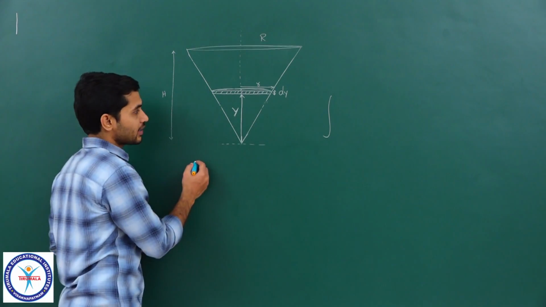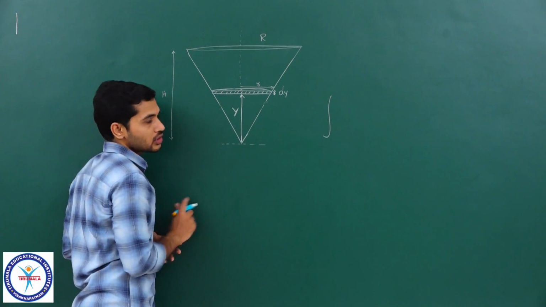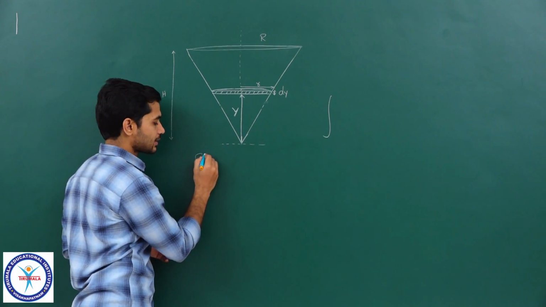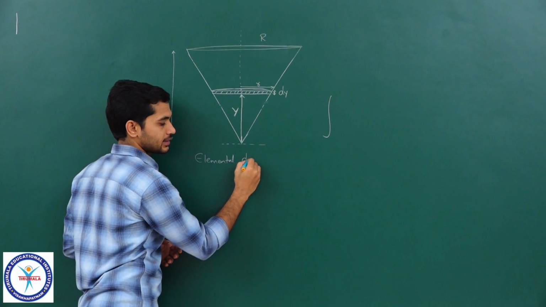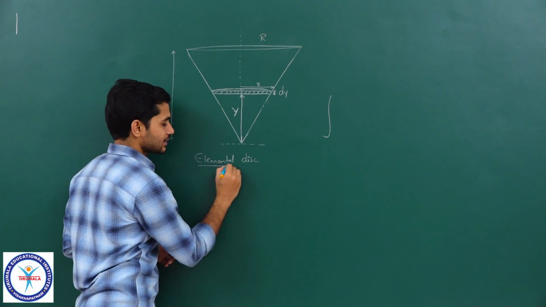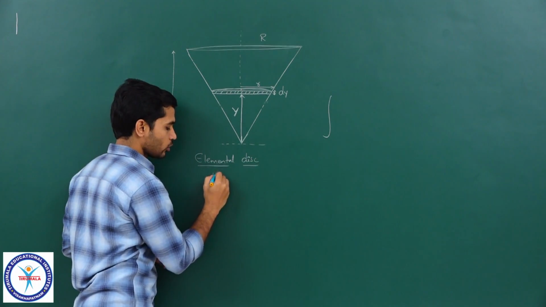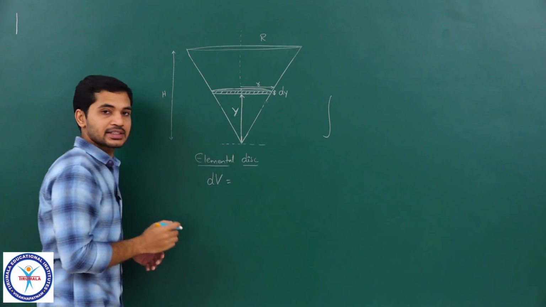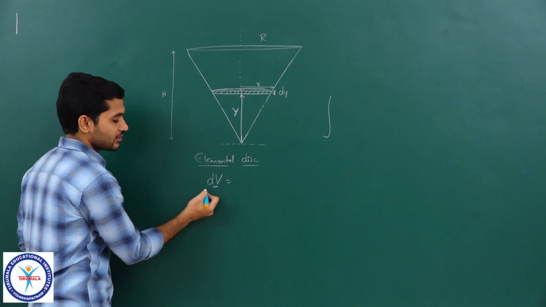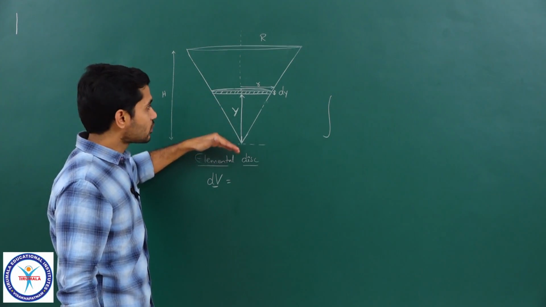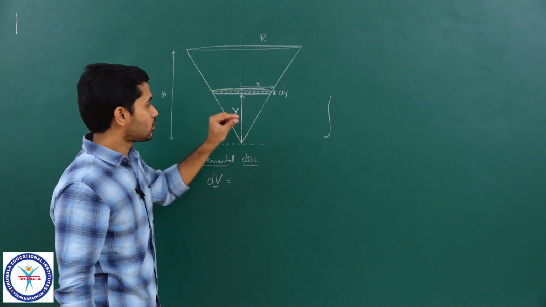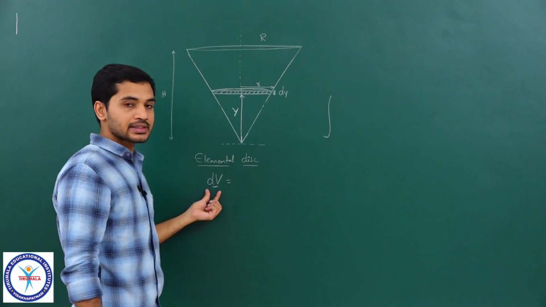Let us first find out the volume of that small elemental disc. I will represent it as dV. Why am I representing it as dV? Because that is a very small volume out of the total volume of the cone, correct.